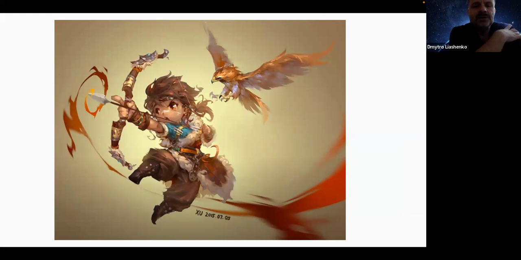In every picture, in every graphic, we can put small objects and large objects. Large objects, of course, are much more important in the composition than small.